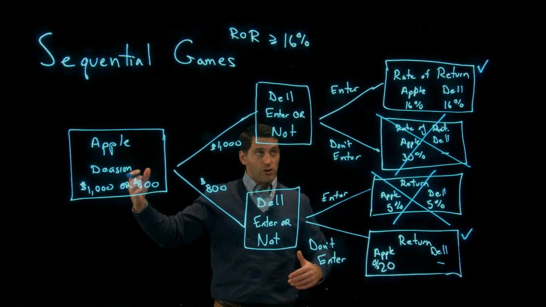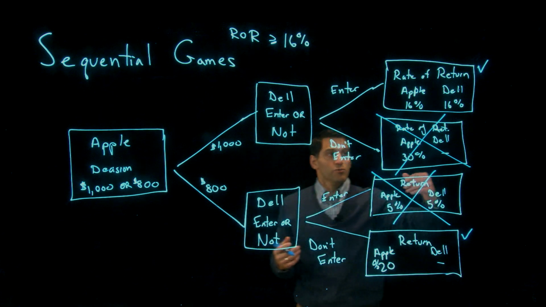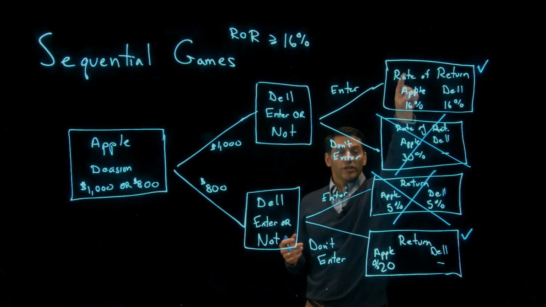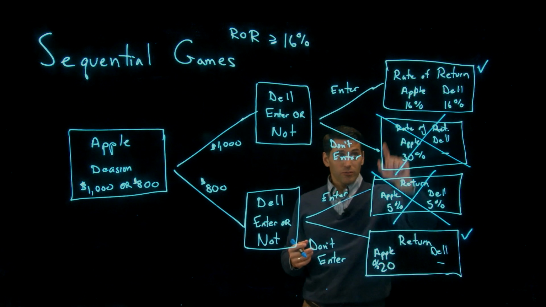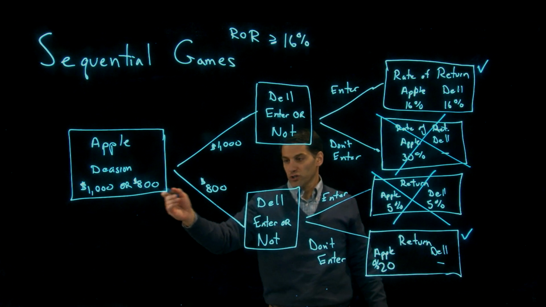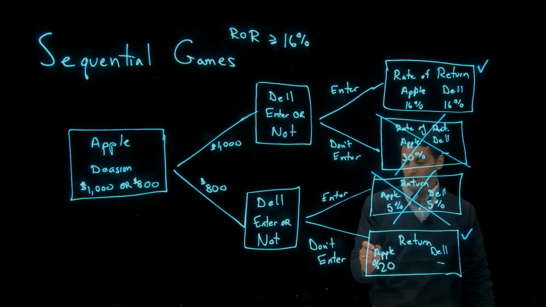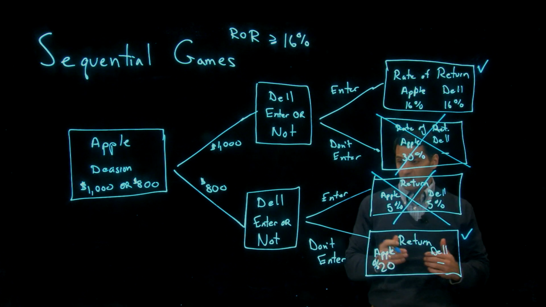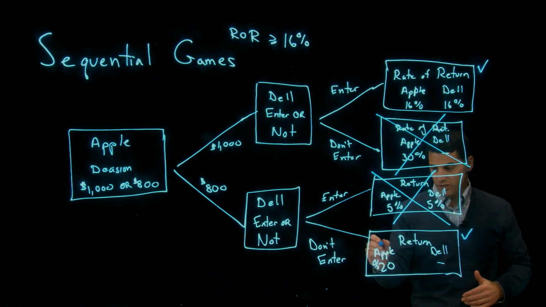Apple now knows how Dell is going to respond in each case. And so really what they're choosing is between this outcome or this outcome. And all we have to do is compare Apple's return. So by charging the lower price, Apple can get a larger return because they're keeping Dell out of the market. So in this case, we would end up here.